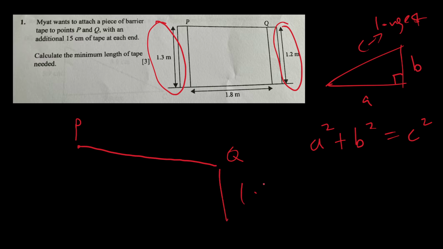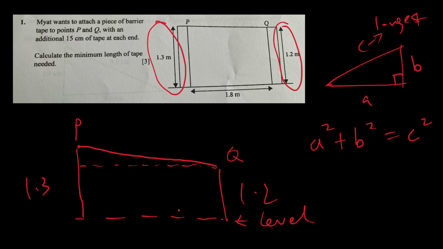So 1.2 and 1.3, and by the way, the base is level. So therefore there is a difference of 0.1 meter here, right? Which is this part.